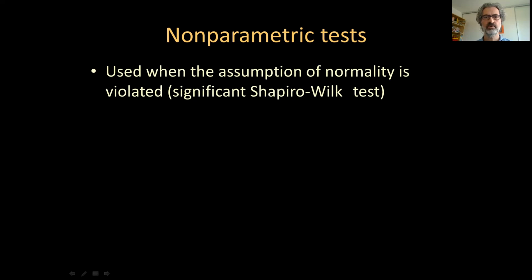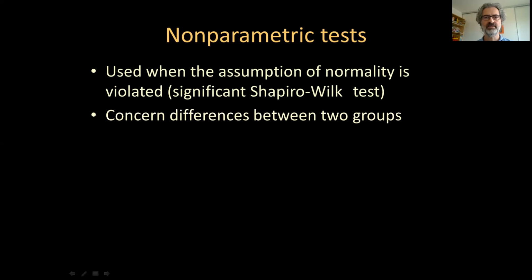For example, the most frequently encountered situation is when the assumption of normality is violated. Normality is a prerequisite for running t-tests, and so when our samples are not normally distributed, that is, when we obtain a significant result on the Shapiro-Wilk test, then we cannot use the t-test and have to resort to a non-parametric test instead.